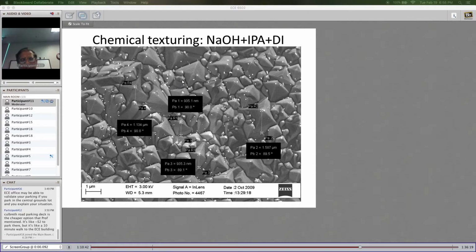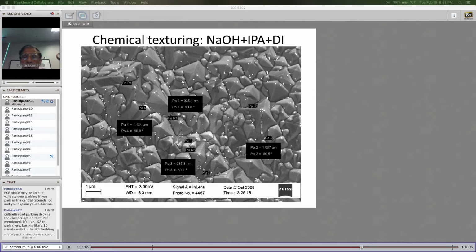What you are seeing is a scanning electron microscope image of a nice smooth silicon surface which has been etched in a sodium hydroxide, IPA, and deionized water solution. Notice the scale bar is 1 micron.